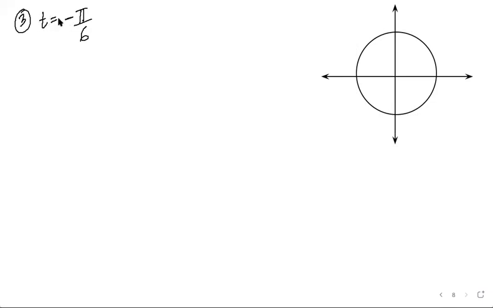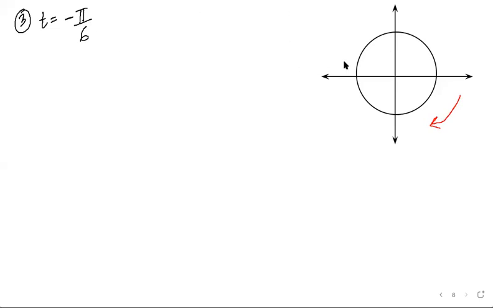When you see t and negative, negative is for the direction. What is the meaning of negative? Again, what is the direction? Clockwise, exactly. So t here moves like this, and the distance is pi over 6.